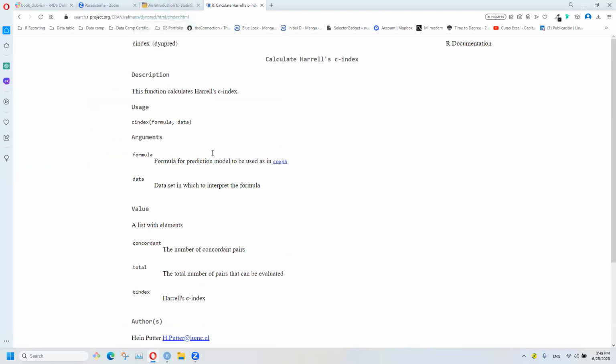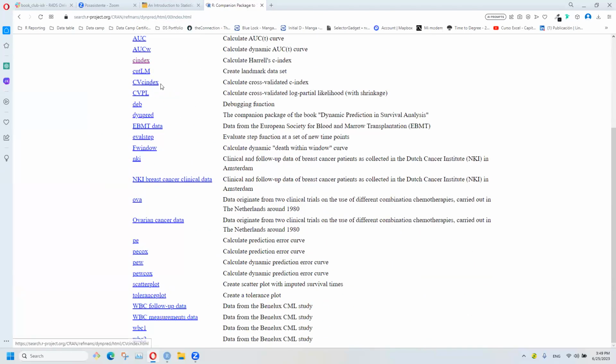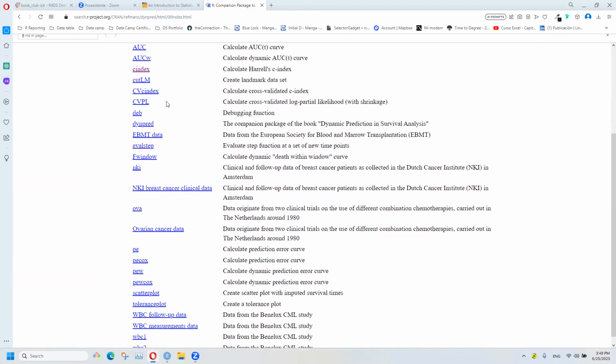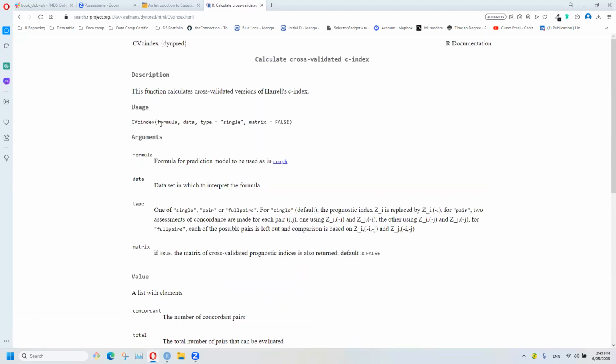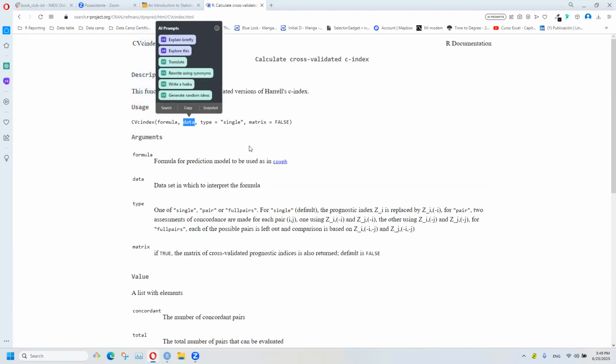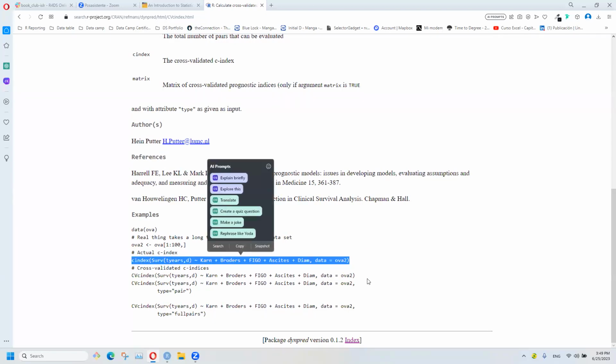They have the C index, and it also has a cross-validated version. Yeah, a cross-validation index. And they ask us to provide the formula and the data, and I think that's all they need to apply and get this value.